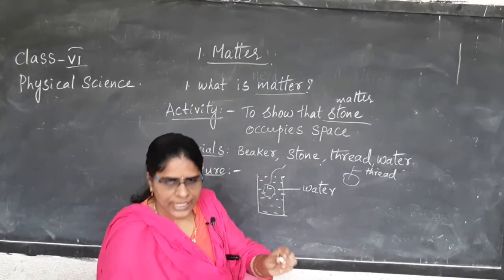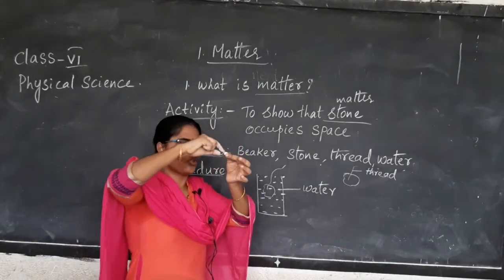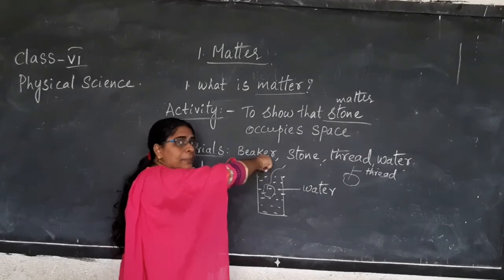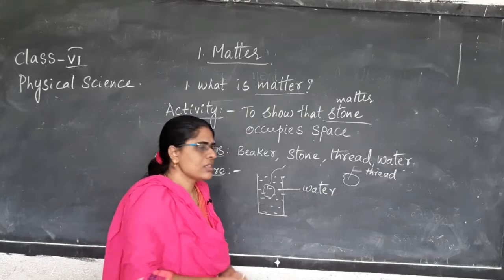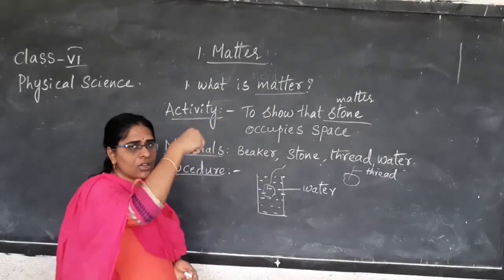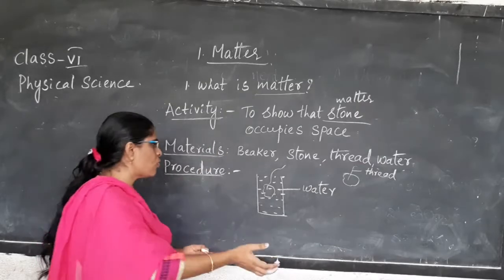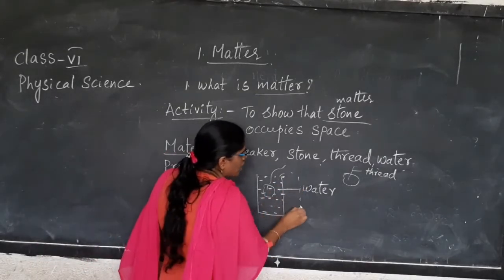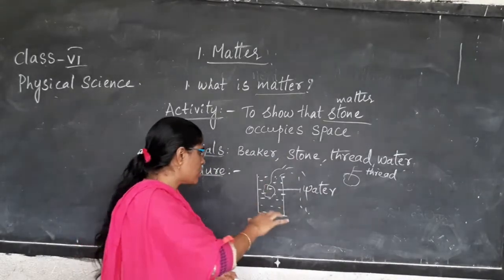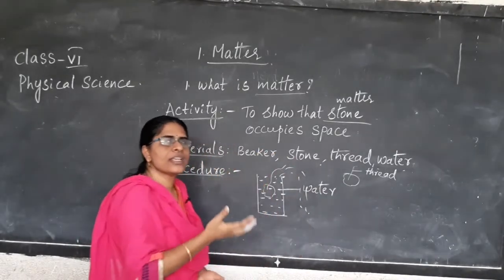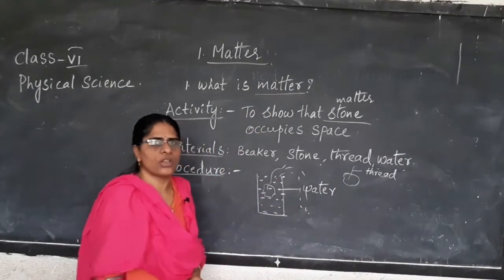Like this, let us assume this is a stone, tie a thread to it and dip it inside a beaker containing water. What do you observe? After immersing the stone inside the water, some amount of water will flow out. Yes or no? Some amount of water which was inside the beaker has overflown.